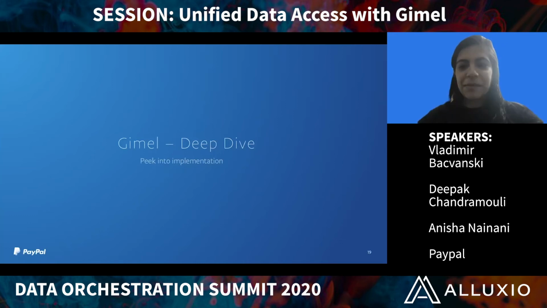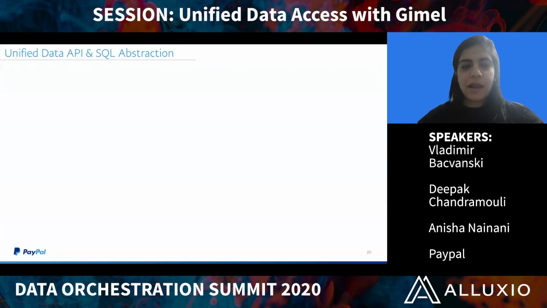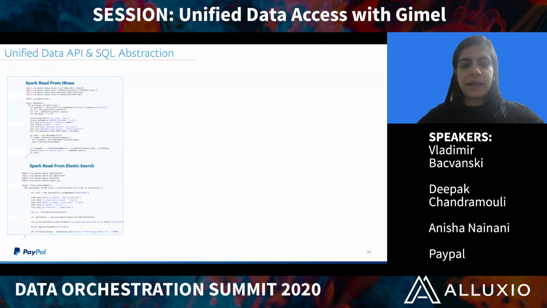Thanks, Deepak. Okay, now let's do a deep dive into Gimel implementation. As explained by Deepak before, in order to read or write from different storages, a developer needs to research various connectors and how to access them in the most efficient way.